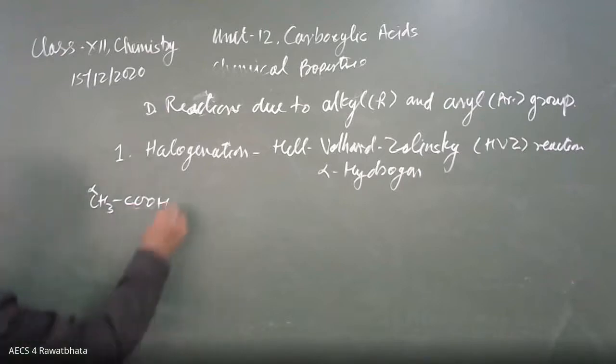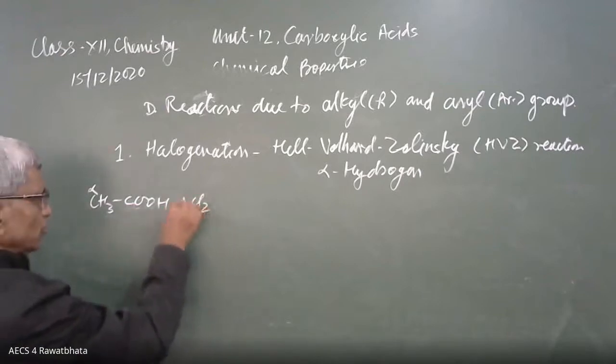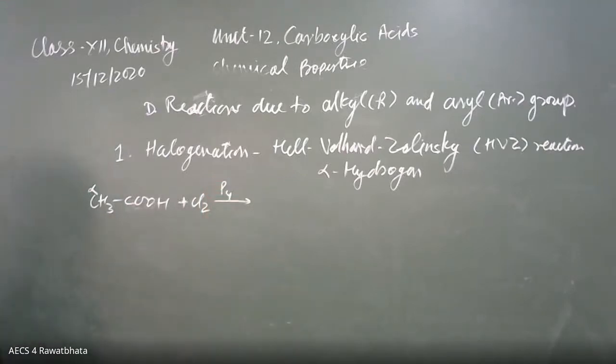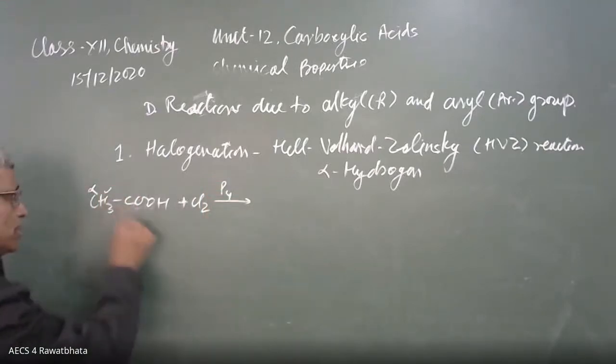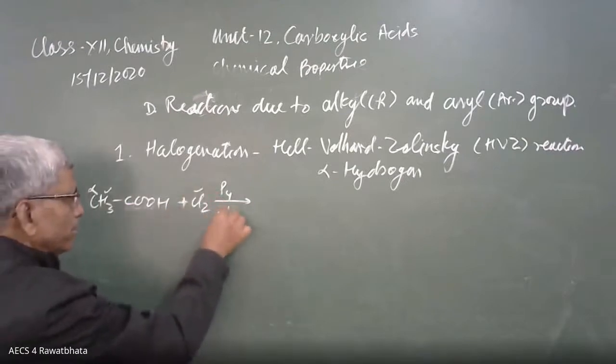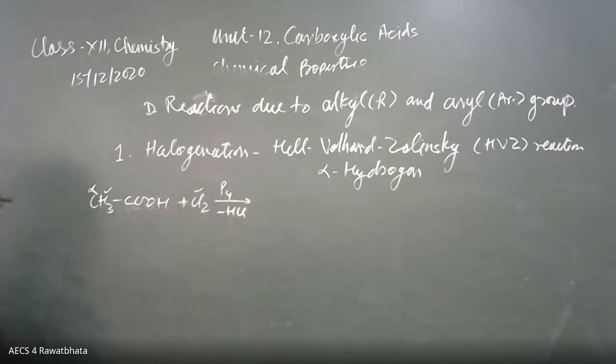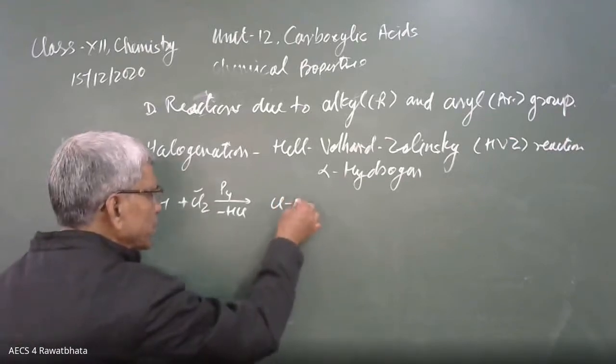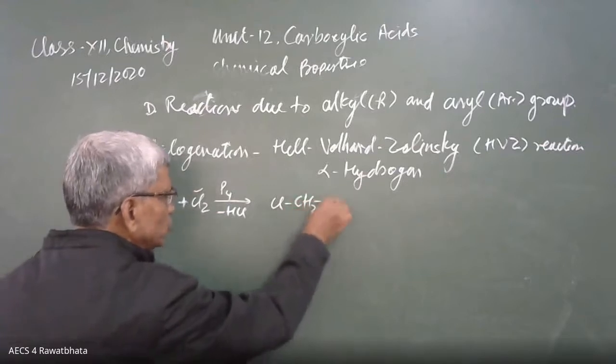It combines with chlorine, Cl2, in presence of P4, red phosphorus. One hydrogen along with one Cl comes out in the form of HCl, and the compound becomes chloroacetic acid, CH2ClCOOH.